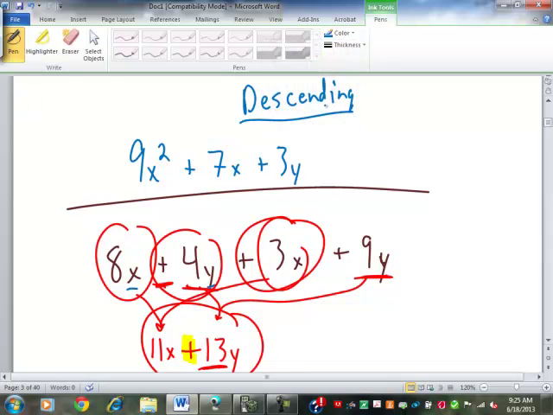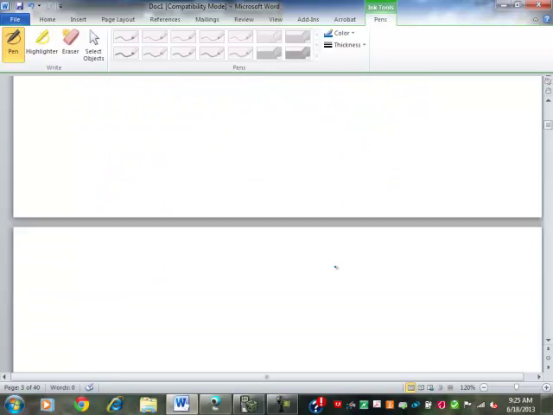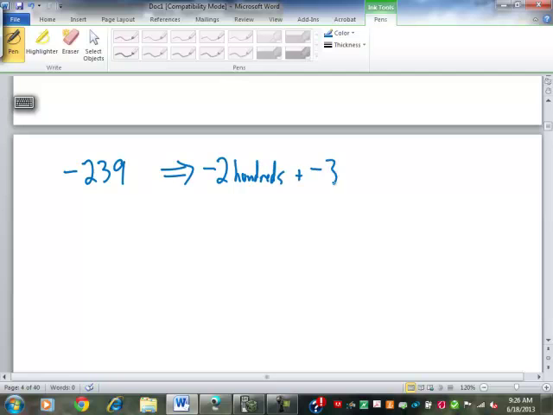That brings us to the second big difference between algebraic numbers and whole numbers. Not only do we have to write out the place values, but in algebraic numbers, each digit can be positive or negative on its own. When we're dealing with integers, if I have a negative 239, that means that is a negative 200s and a negative 3 tens and a negative 9 1s.